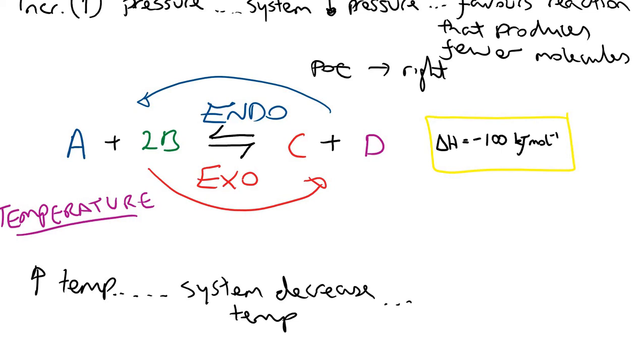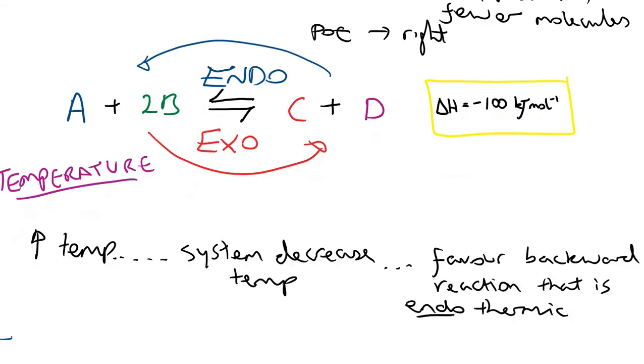It favours the endothermic or the backward reaction, because we know that the endothermic reaction takes in energy from the surroundings, and so the temperature gets decreased. It's the only way the system can reduce the temperature. So it favours the backward reaction, that's endothermic. Therefore, the position of equilibrium shifts to the left.